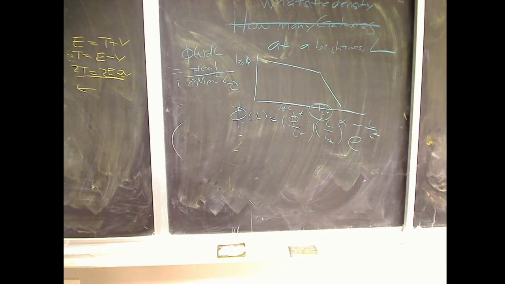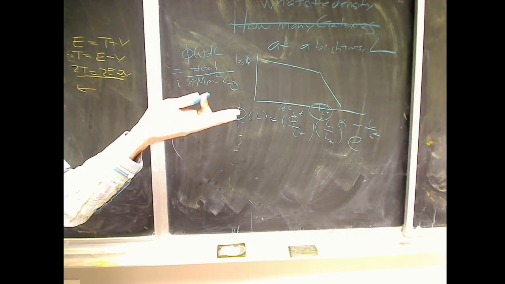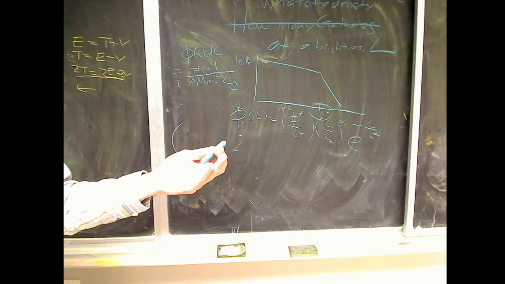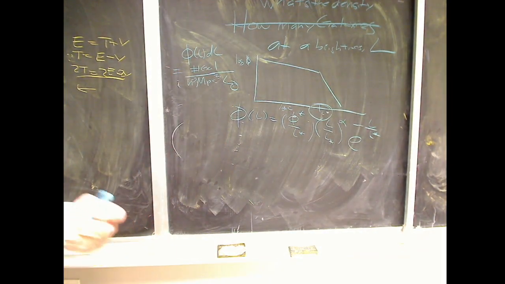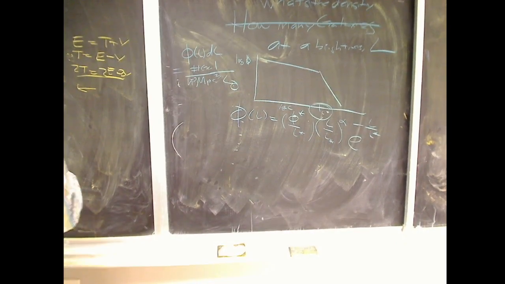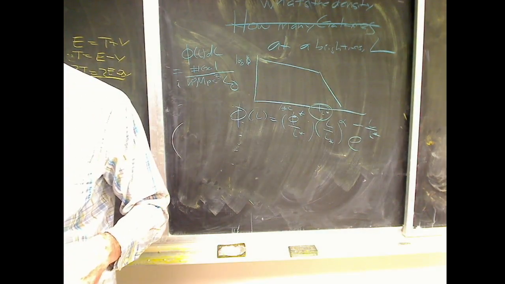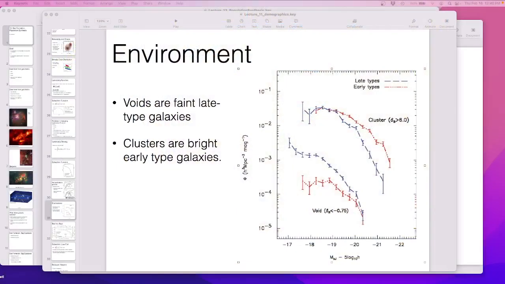The density is lower, because it's not in a cluster. Remember, phi is about a density of galaxies. So the density is lower, they're dimmer, they're not in a big galaxy cluster. In a big galaxy cluster, you get more ellipticals than spirals, and not in a galaxy cluster, you get more spirals than ellipticals. There's important physics in there that I'll talk about later when we get to clusters.